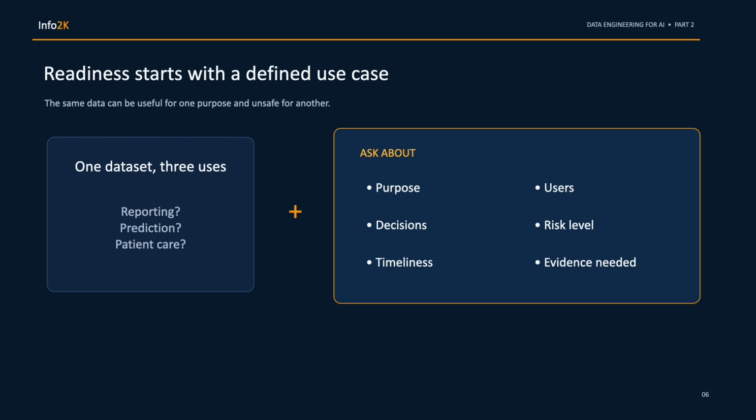For predicting service demand, the data may need consistent history, stable definitions, representative time periods, and protection against leakage from future events. For an assistant supporting individual patient care, the requirements become much stricter. Patient identity must be correct, current and historical information must be distinguished, access must be appropriate, and source evidence must be available for human review.